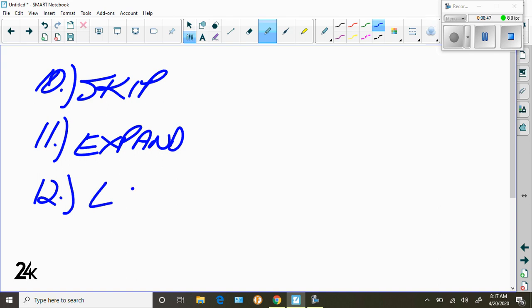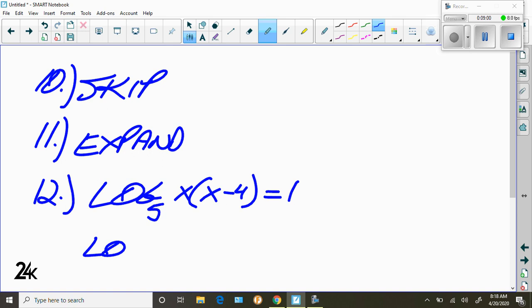It's going to look like this. Log base 5 of x times x minus 4 equals 1. So then log base 5 of x squared minus 4x equals 1. Solve that.